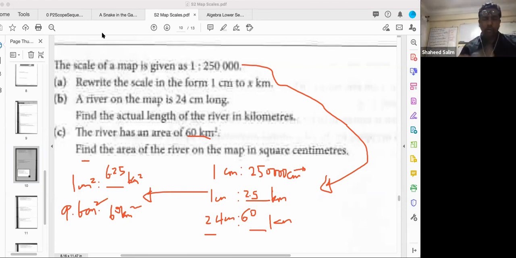Okay, A book. You said Unit 4? 4 and 5 is going to be algebra. Expansion of algebra.